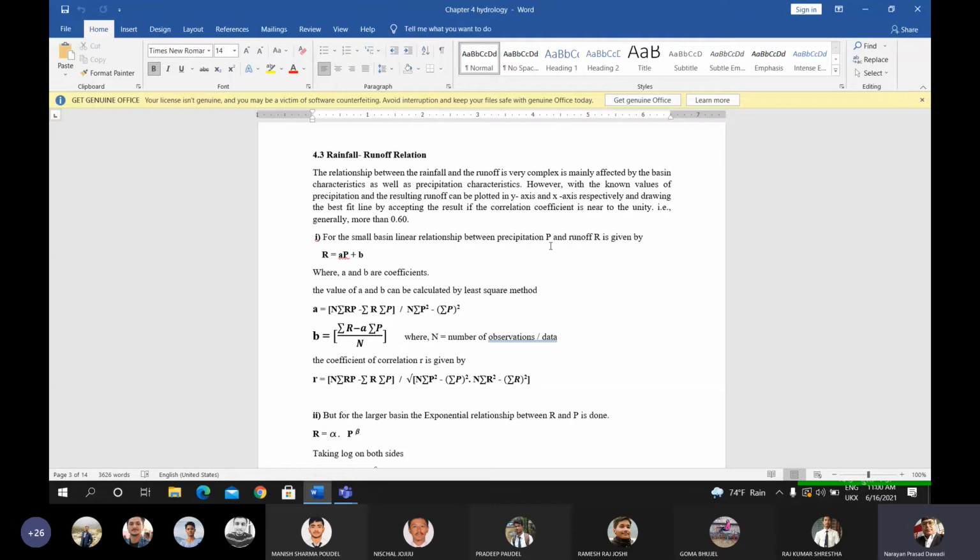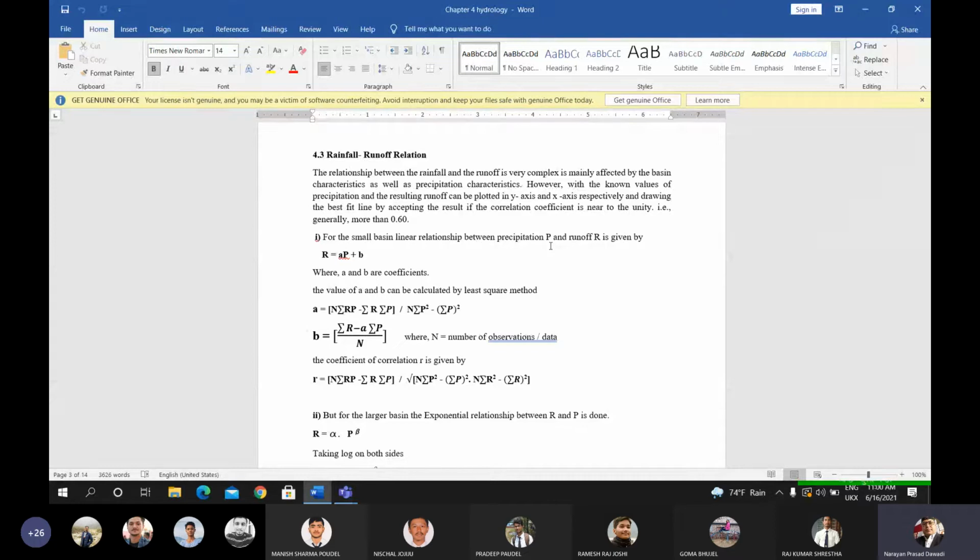That's why this is the relationship between rainfall and runoff. Okay, and the graph is plotted: runoff is plotted on the y-axis and rainfall on the x-axis, and the curve is obtained.